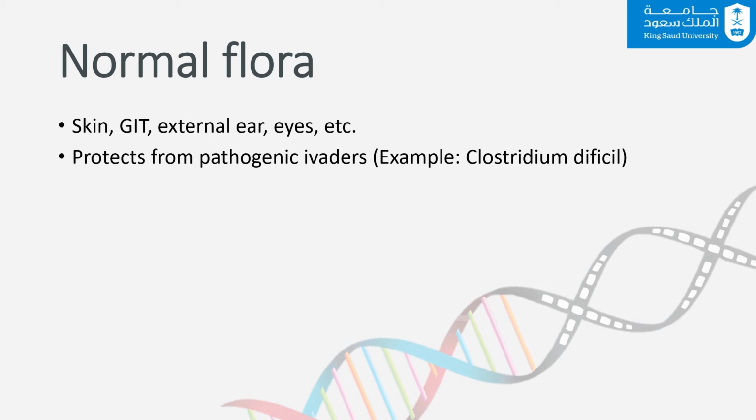But normally, when there's a lot of normal flora, it can't grow and cause problems. However, when a patient takes antibiotics, for example, and the normal flora die in the GI tract, and this Clostridium does not die from these antibiotics, it's kind of resistant, the Clostridium difficile starts to multiply, and then it starts causing problems. It starts releasing toxins in our GIT, and then the patients start having diarrhea.